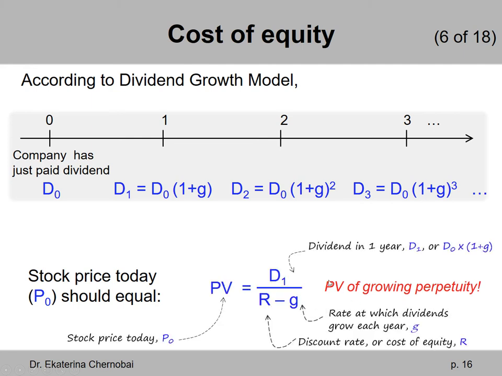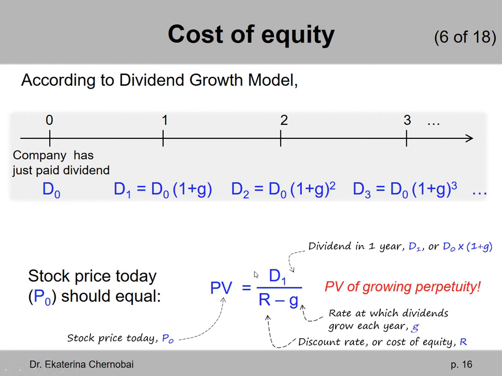So the growing perpetuity present value formula says take the cash flow, the very first one in the future, so a year from now. In our case, that's the dividend in 1 year, D1, and divide by R minus g.